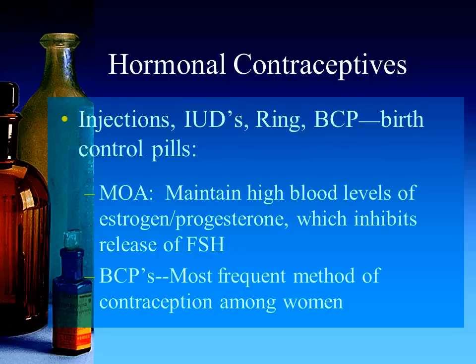How they work is that whenever we're giving these levels of estrogen and progesterone, we are keeping them that high so that hopefully we are preventing ovulation. And if we're preventing ovulation, then pregnancy cannot occur. They also work secondarily in that by maintaining that high blood level, the body is tricked into thinking it's almost already pregnant.